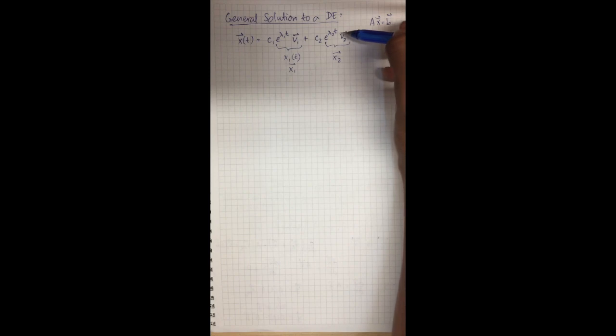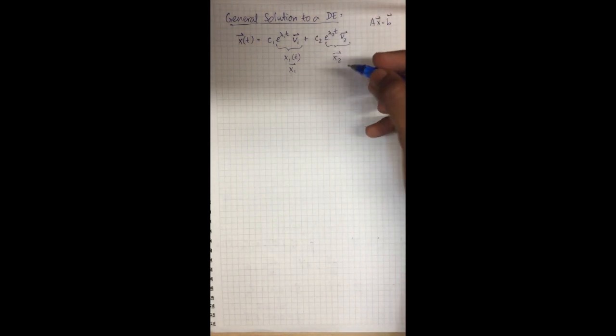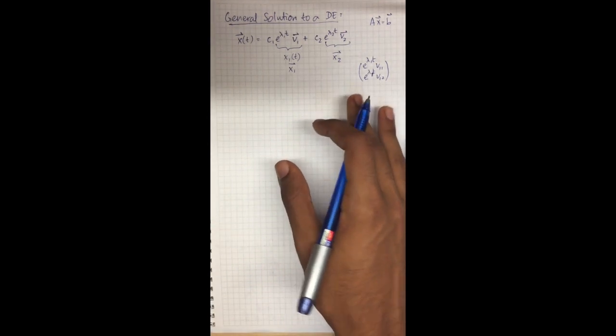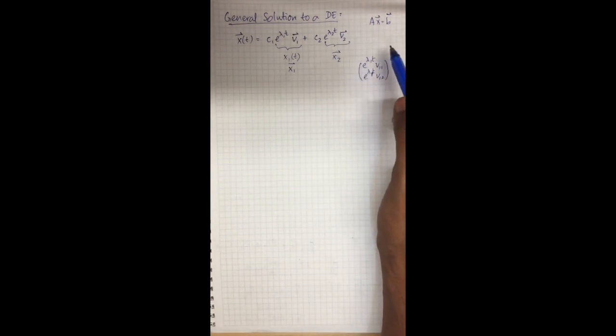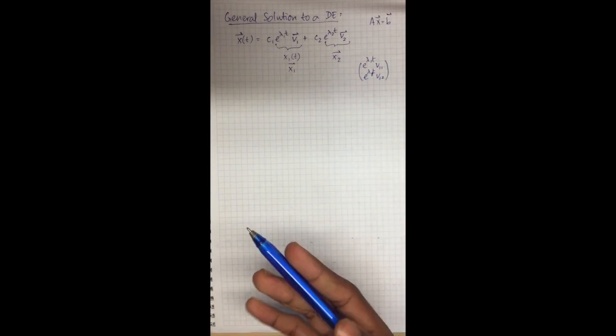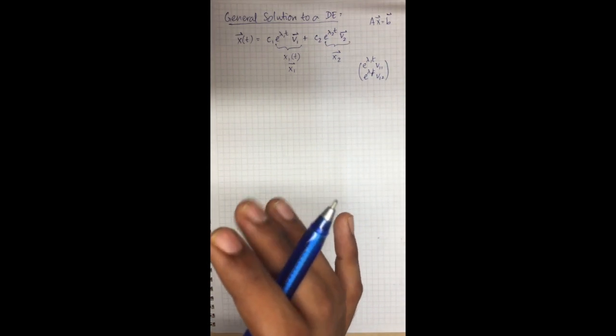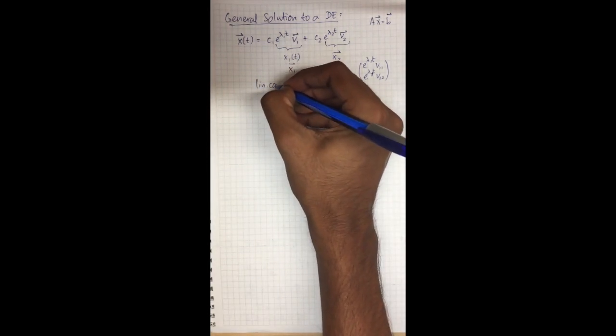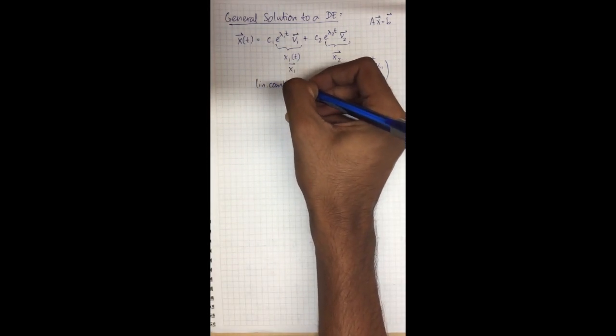Since v1 and v2 are vectors, you'll be getting your answer as e raised to the power lambda 1 t times v11 and e to the lambda 1 t times v12. You're going to get different combinations of this. Over here you'll get v21, v22, and so on. So if you look at it, it's actually just a linear combination. That is what is the most important: the solution is just a linear combination.